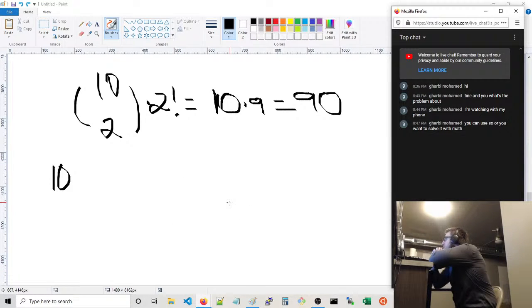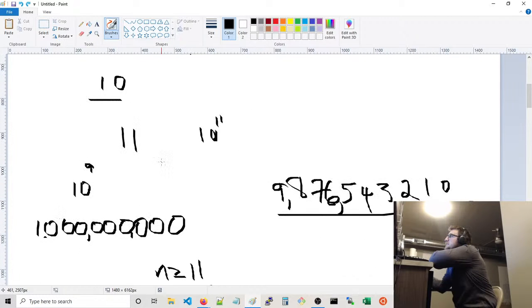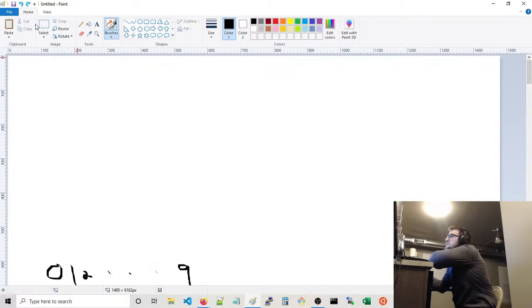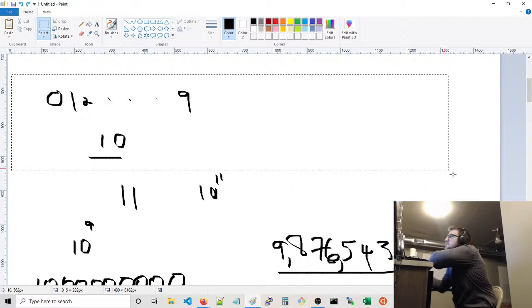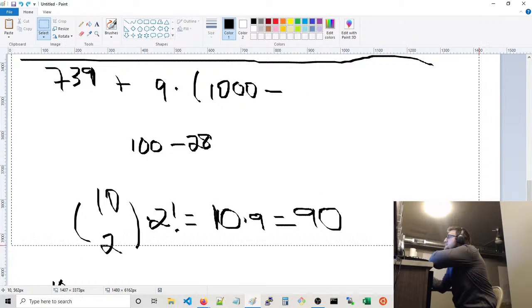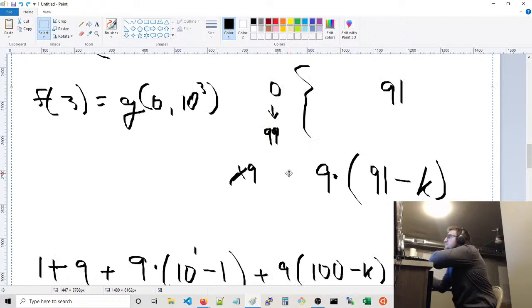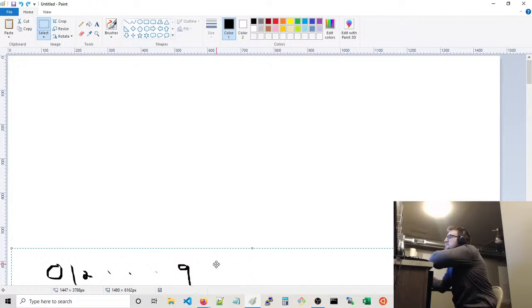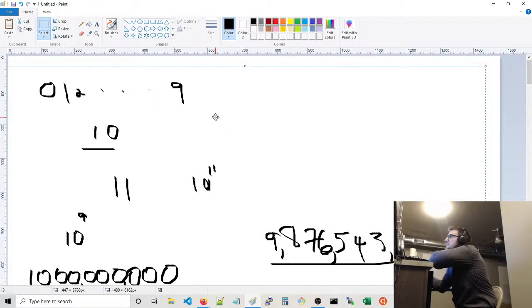You can use SO, or you want to solve it with math. Yeah, you solve it with math. I don't know what SO is, but you could also use a brute force approach, although I think that would be kind of difficult because of the way it's been constructed.